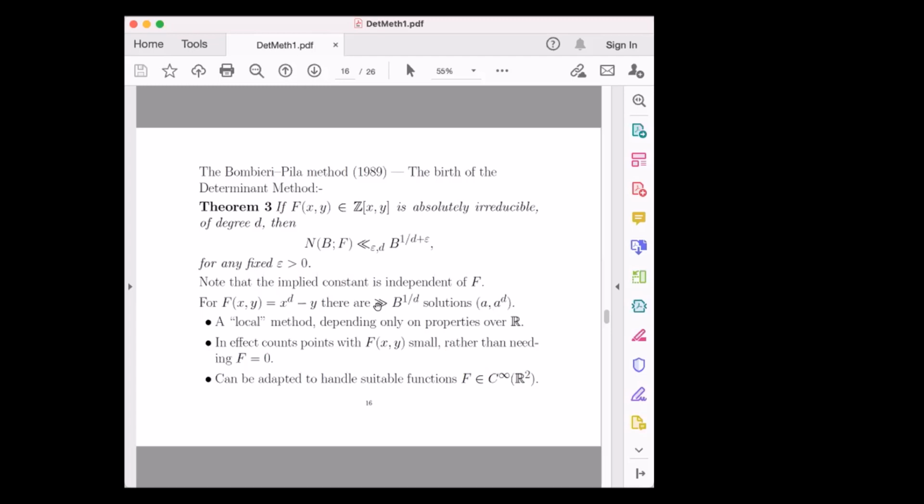And that will provide B to the 1 over d solutions. So for this polynomial, there are at least B to the 1 over d solutions. Here they are. So this exponent 1 over d is going to be best possible. And so the result is best possible apart from the epsilon there.